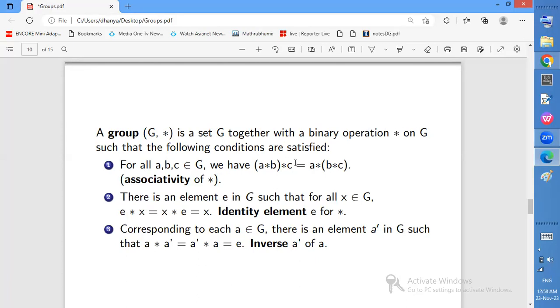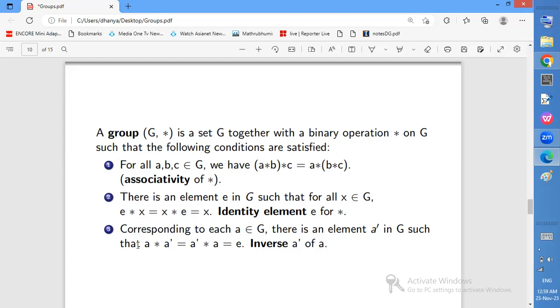We have already seen that this property is called associativity of star. And the second condition says that there is an element E in G such that for all x belongs to G, E star x is equal to x star E is equal to x. This is actually the identity element for the binary operation star.